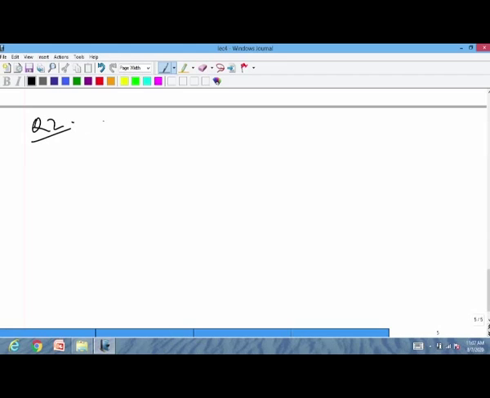So, suppose f is given to be a function from the closed interval half to 1 to 0 to infinity.